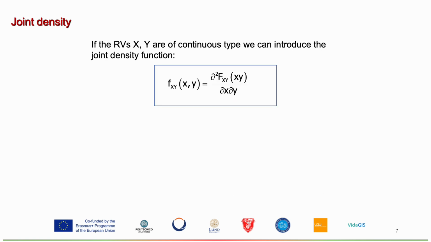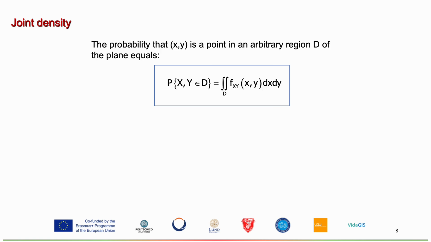In case the two random variables x and y are continuous, we can introduce the definition of the joint density function. The joint density function is computed taking the cumulative distribution function F xy and deriving it two times, with respect to x and with respect to y, exactly as it is written in this formula.